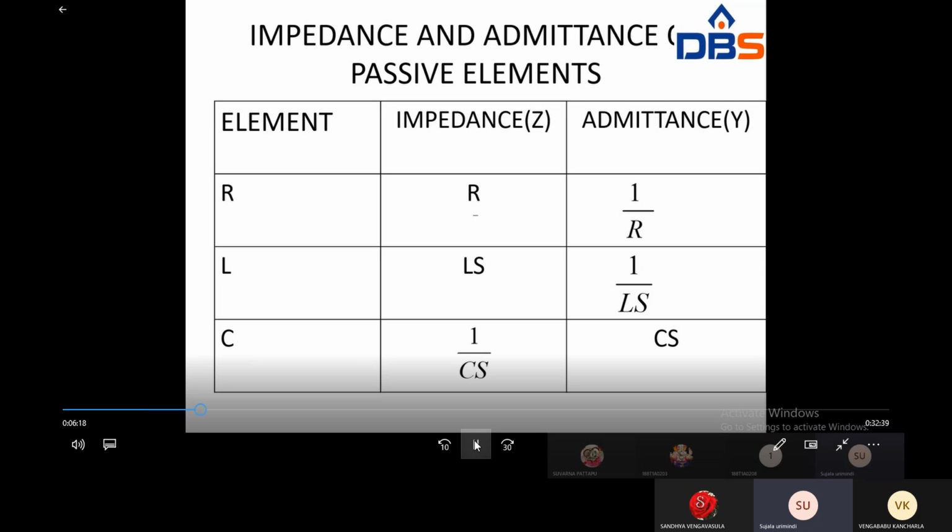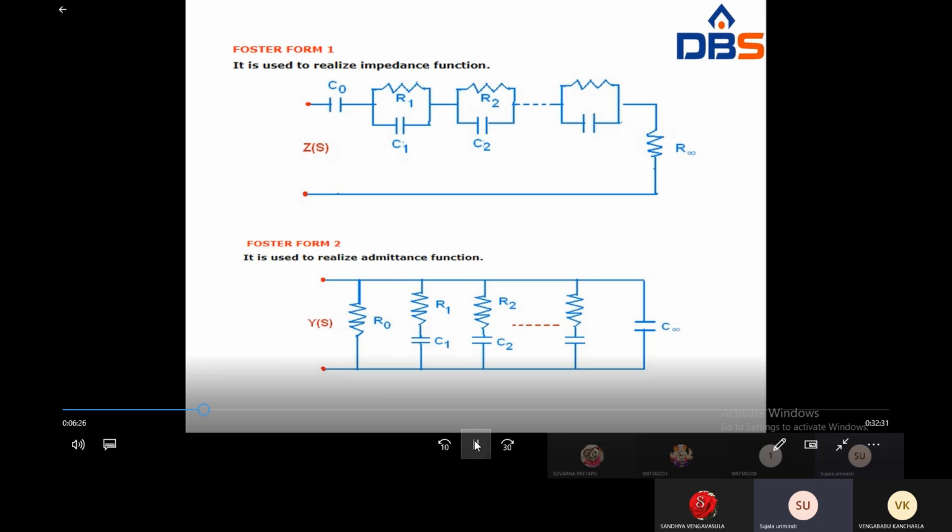In the capacitance, the impedance form is 1 by CS and the admittance form is CS. So this covers Foster form 1 and Foster form 2 and Cauer form 1 and Cauer form 2.